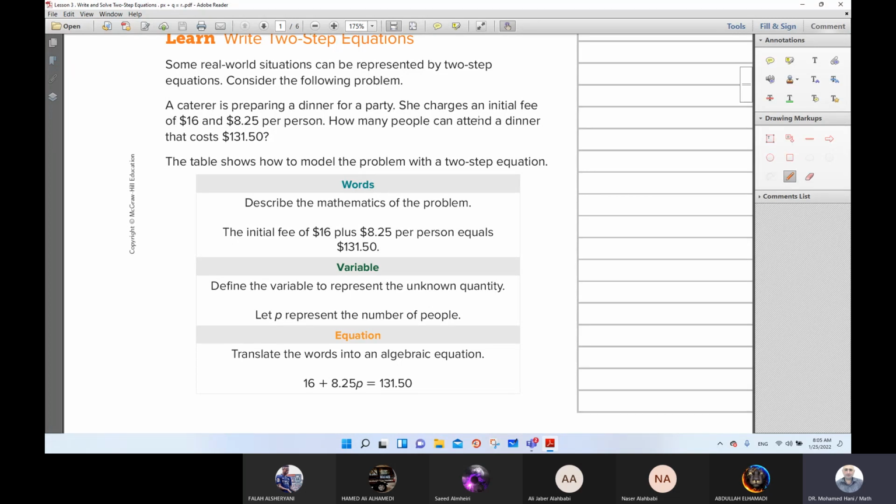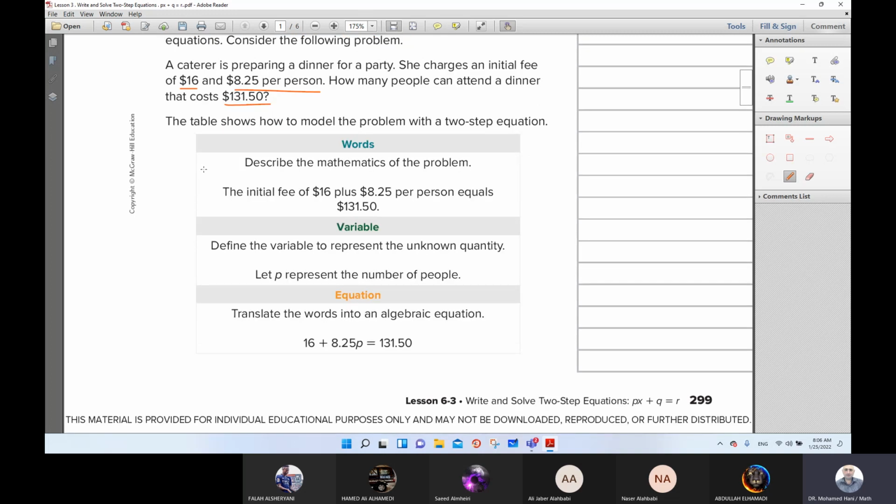She charges an initial fee of $16 and $8.25 per person. How many people can attend a dinner that costs $131.50?